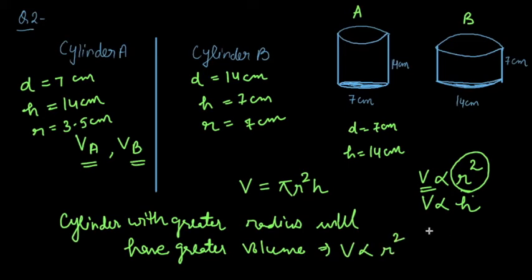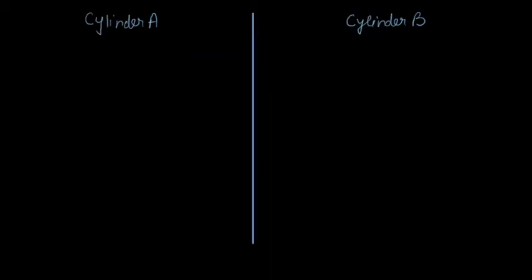In the same question it says verify it by finding the volume of both the cylinders. What you have just told with your imagination, now you have to verify with the mathematical calculation. We will do the calculation for both cylinders. Let's do cylinder A first. Volume is equal to pi r square h.